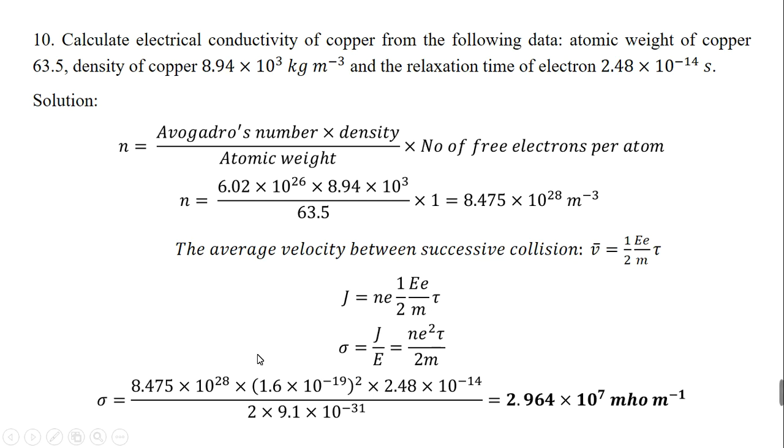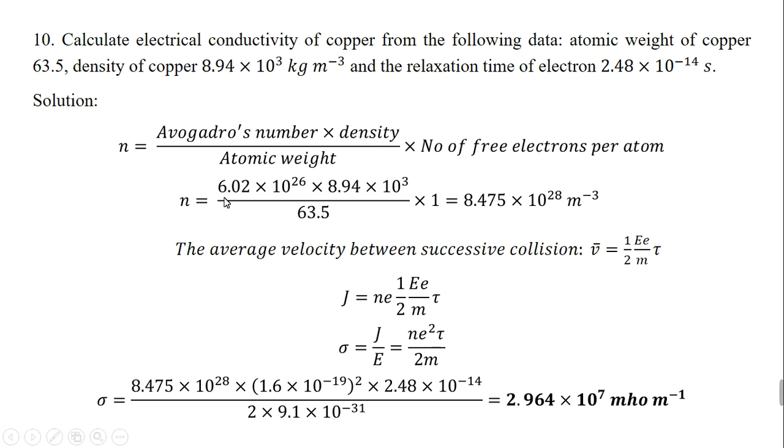Now you substitute all the values given. Charge of the electron we know, relaxation time is given, and m is also given here. Now N is to be determined, the number of electrons per unit volume. For that I use the formula Avogadro number into density divided by atomic weight, into number of free electrons per atom.